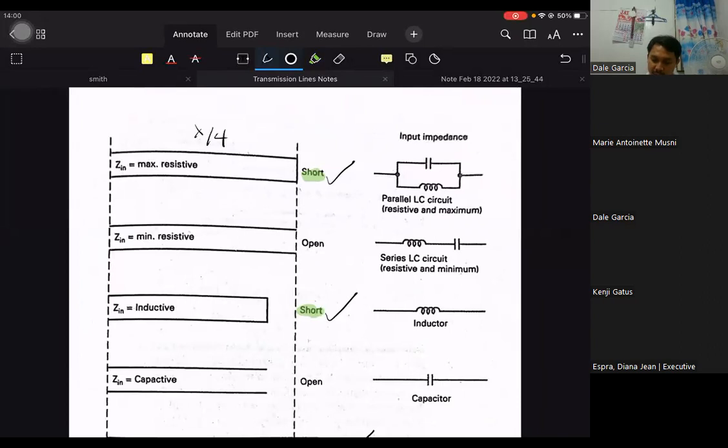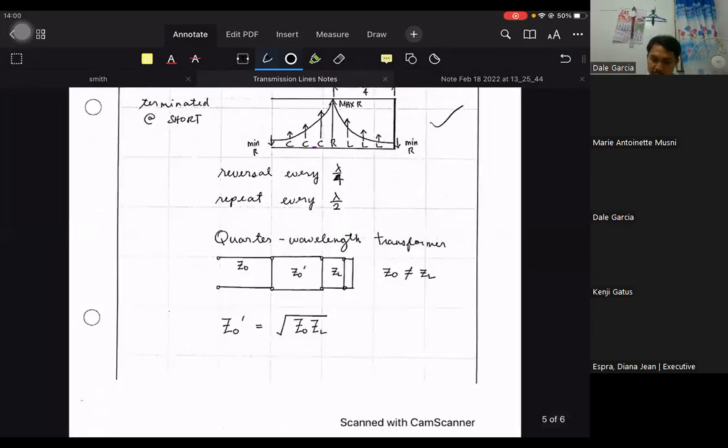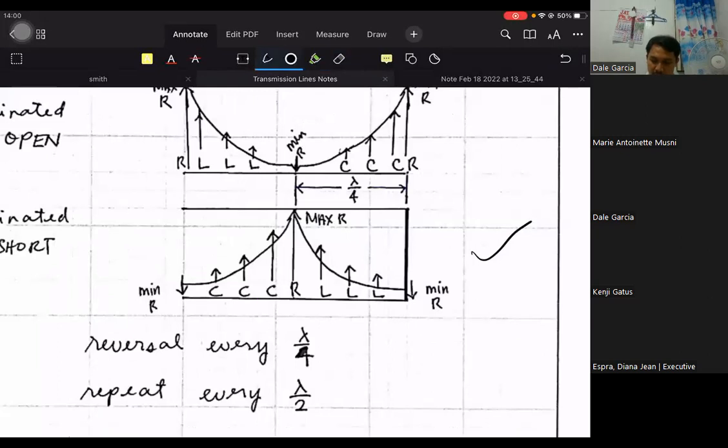So again, this is input impedance. It is measured from the bearing perspective.